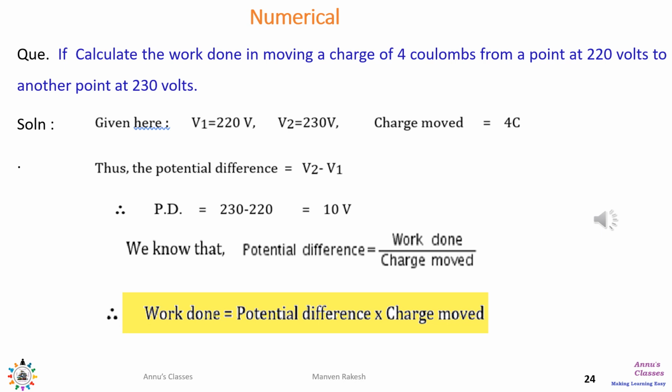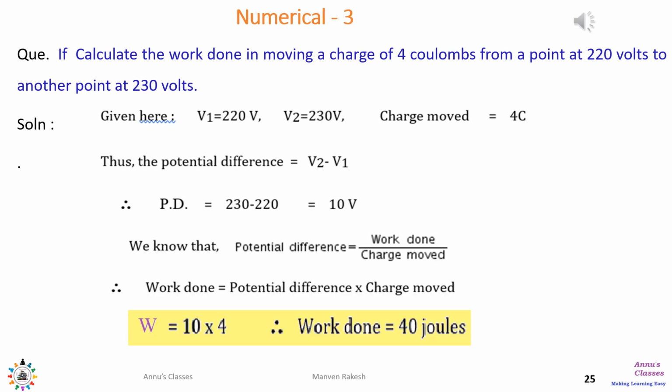Cross multiplying will give us work done equals PD multiplied by the charge. Putting the value of PD and charge, we get W. PD was 10, charge given was 4 coulombs, so we multiplied 10 by 4 and the answer is 40 joules.